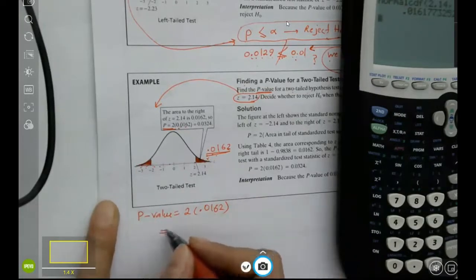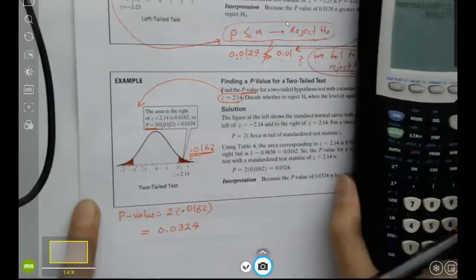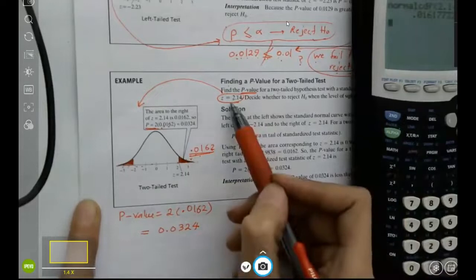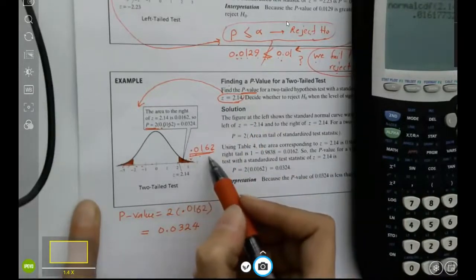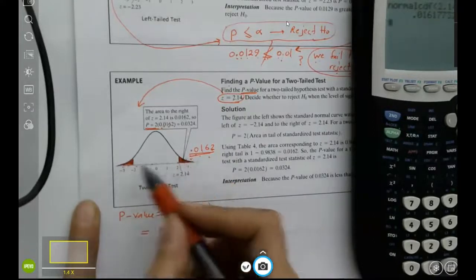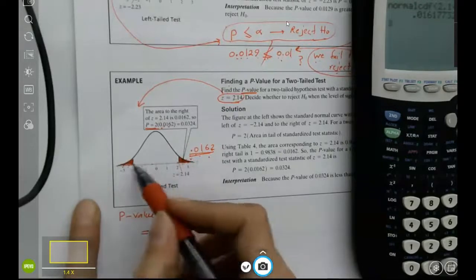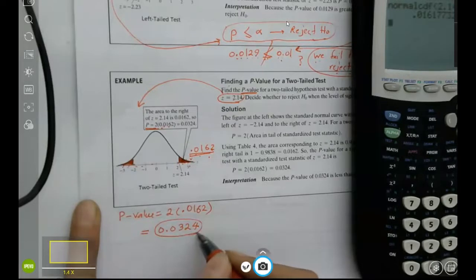P-value is equal to 0.0324. We used our z to find this little area on the right-hand side. Now you add these 2 little areas together to get the p-value.